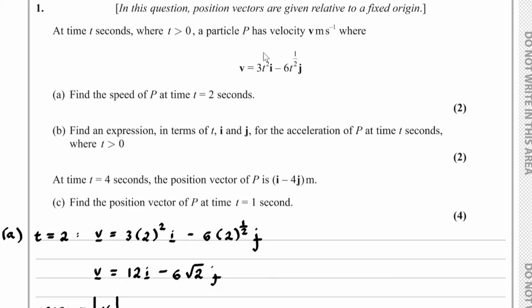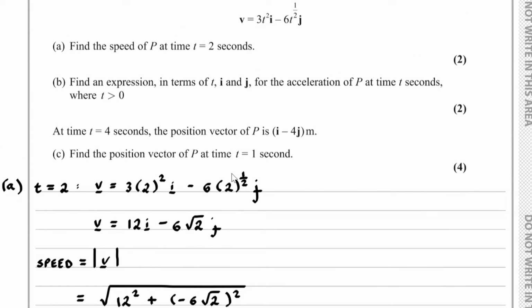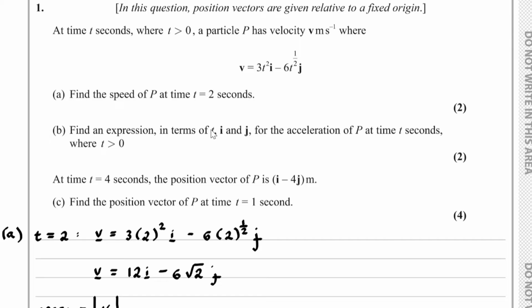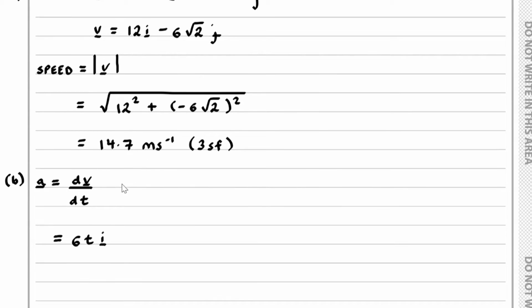If I differentiate 3t squared, we end up with 6t in the i direction, and if we differentiate negative 6t to the 1/2, we end up with negative 3t to the negative 1/2 in the j direction, and the units are meters per second squared.